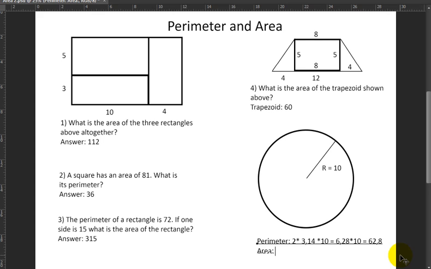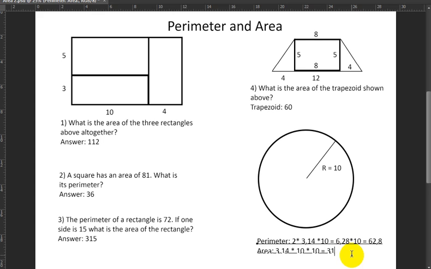Next up, to find the area, we would do 3.14, so pi times the radius, and then times the radius again. And here it doesn't really matter the order in which you do them. You can do them in whichever order you want. So let's just say 3.14 times 10.